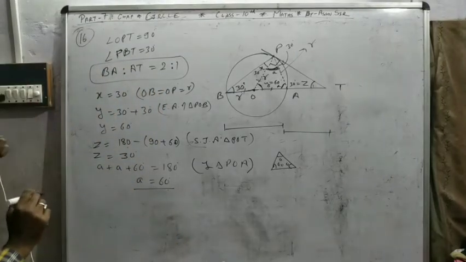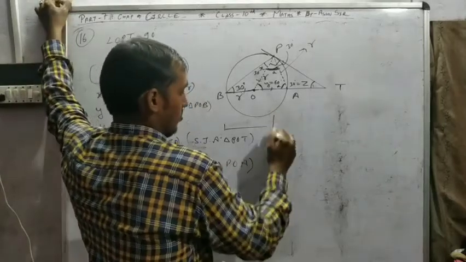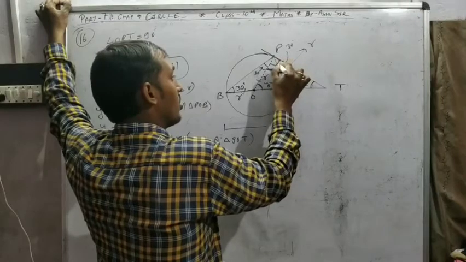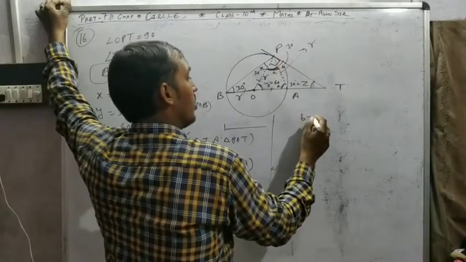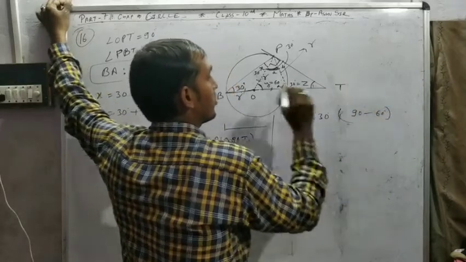Means you can say, suppose that is B. B is 30, 90 minus 60.